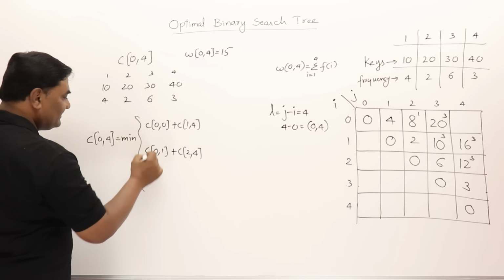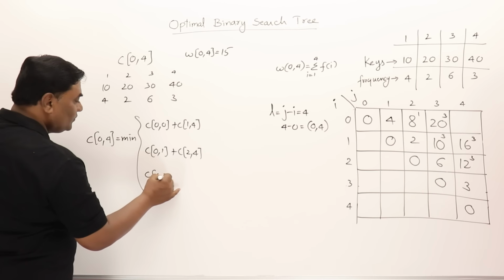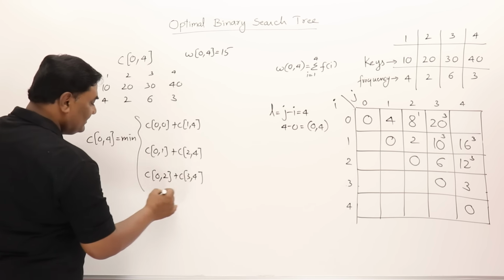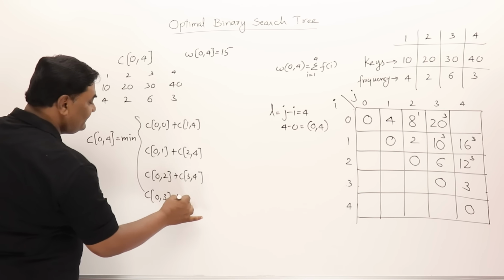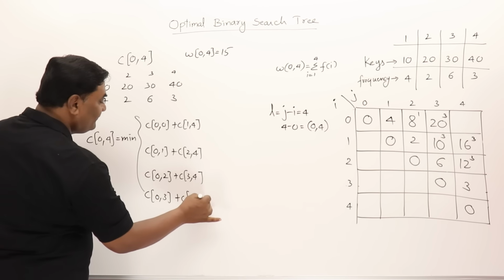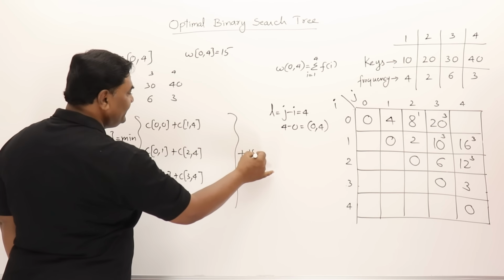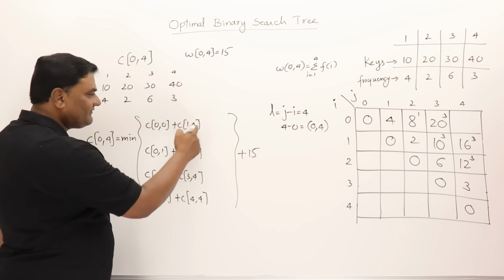Then the third one as a root, so C of 0, 2 plus C of 3, 4. Then the last one is C of 0, 3 plus C of 4, 4. And in all these I should add this weight, that is 15. Right?